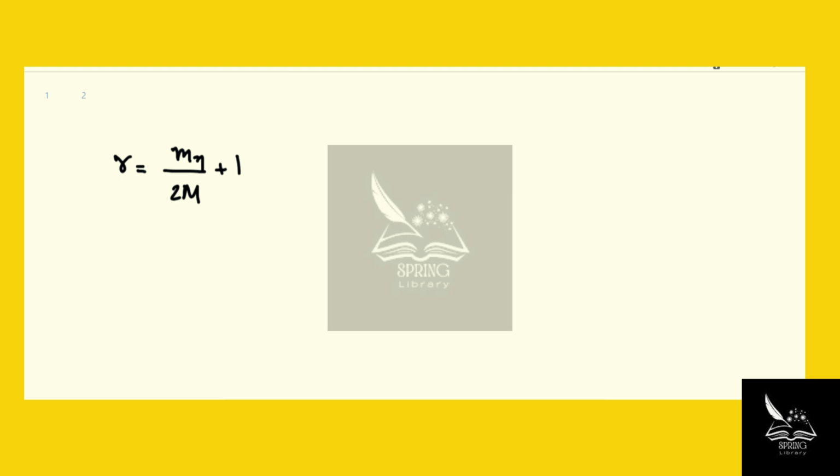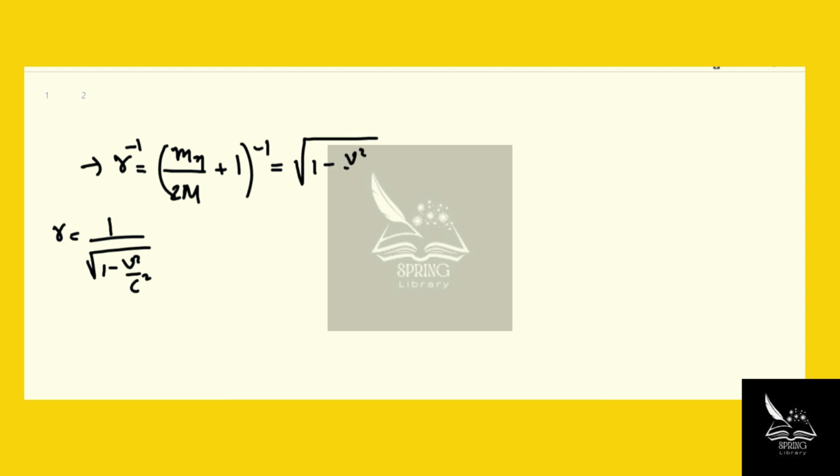Now, we know that gamma looks like this. Gamma equals 1 over square root of 1 minus v squared over c squared. Since we're looking for v, which is in the denominator, from this equation, if I take the inverse of both sides, then what I'm getting is basically 1 minus v squared over c squared, correct?